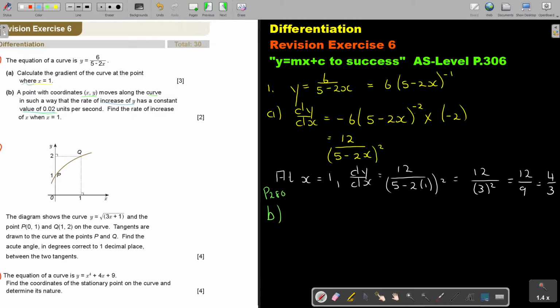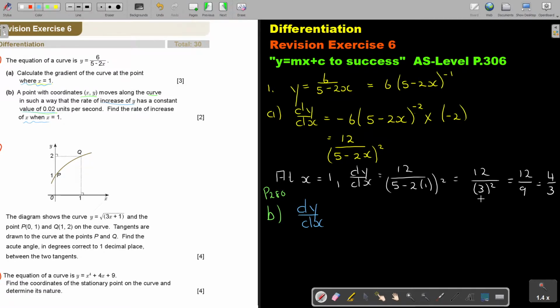Now you have to make the connection. We already worked out when x is 1. So basically, and I'm just going to show it to you now, we are going to work with the equation dy over dx. That's the differentiated equation. But I want to show you that at the end, we want to get dx over dt. So find that increase with x.